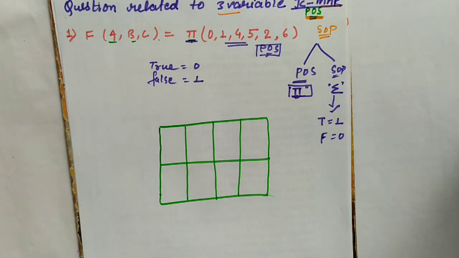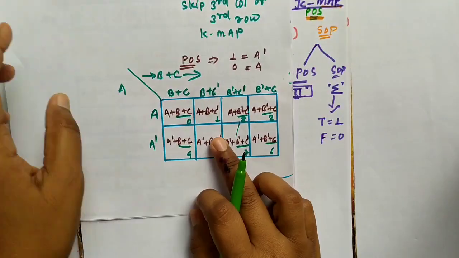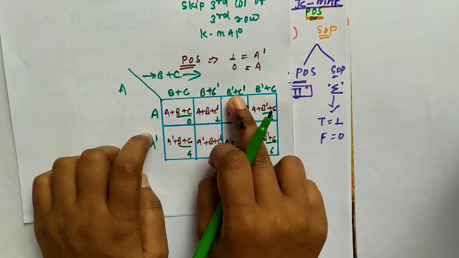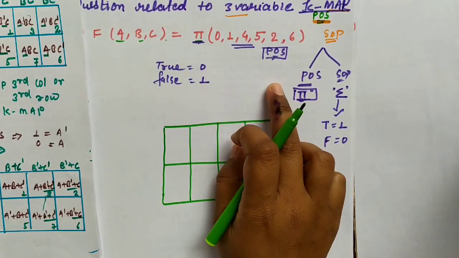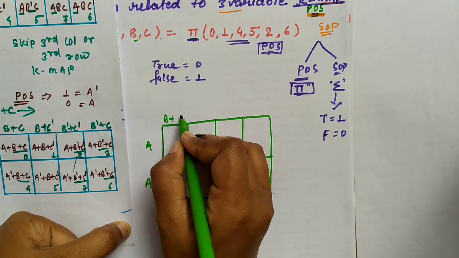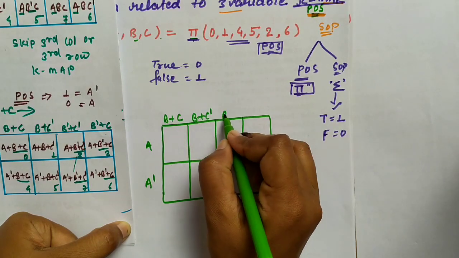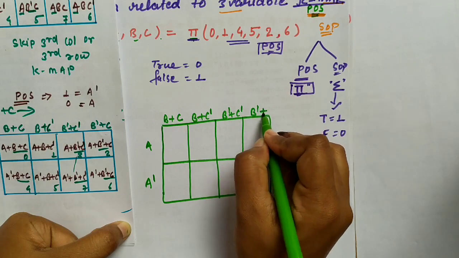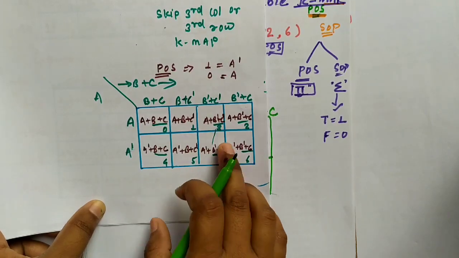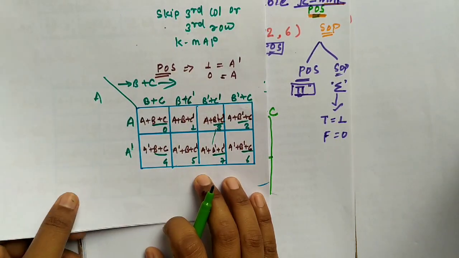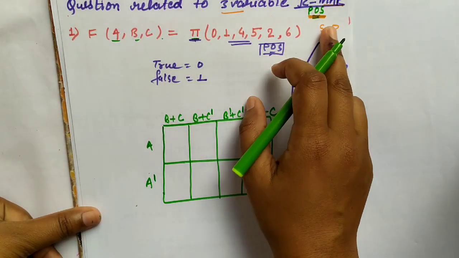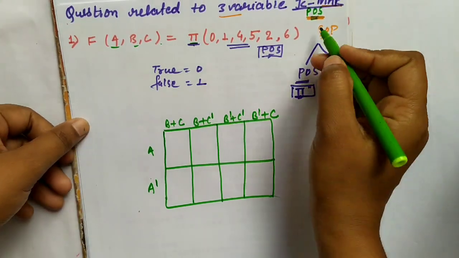This is the designing of the three variable K-map: A dash, A, and B plus C, B plus C dash, B dash plus C dash, B dash plus C. I already discussed this designing in the previous video, so please watch it to understand how to design a three variable K-map. In this video we discuss only the question related to the three variable K-map for the POS.